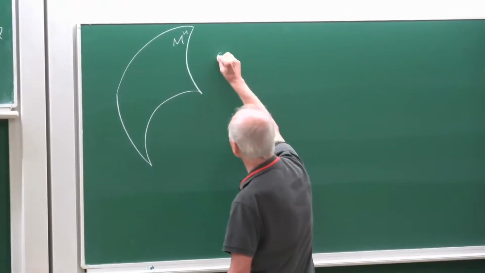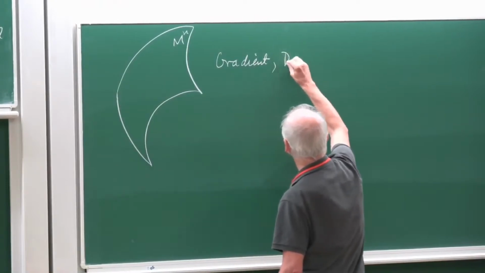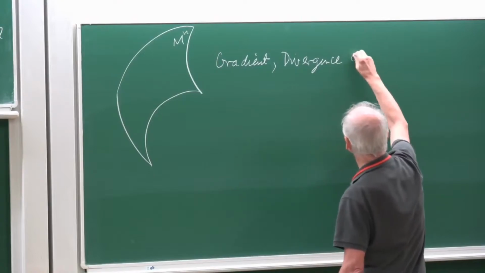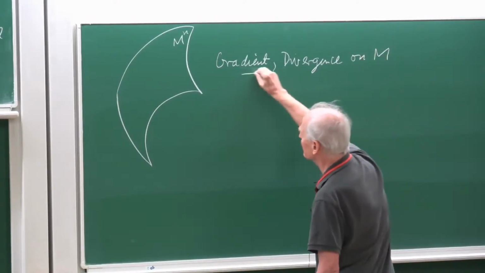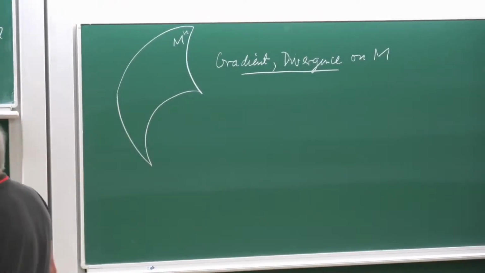And let's talk about gradient and divergence on such a submanifold M. Yeah, good, we've still got the star here. I want to refer to that.